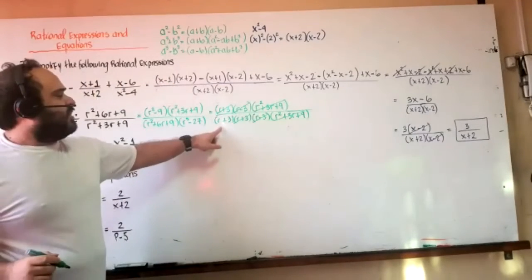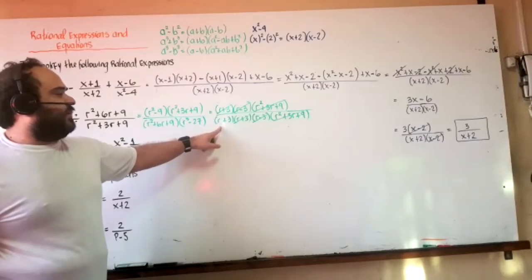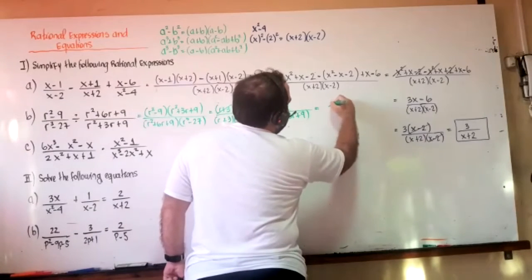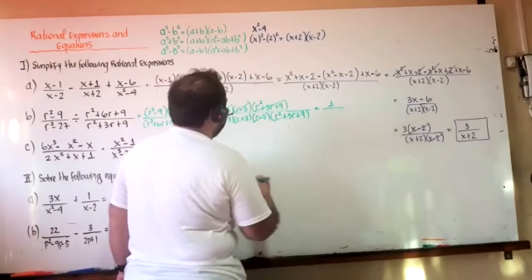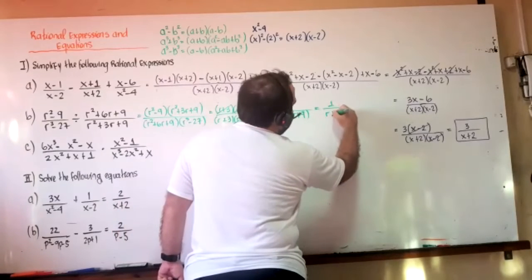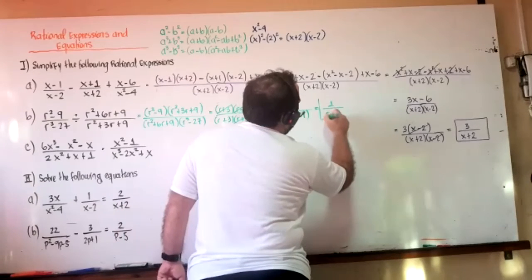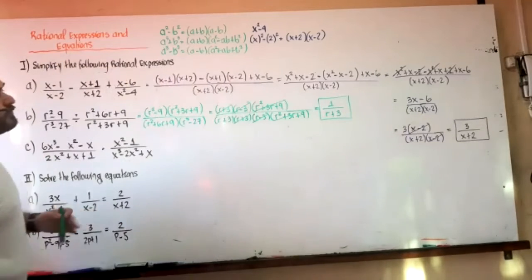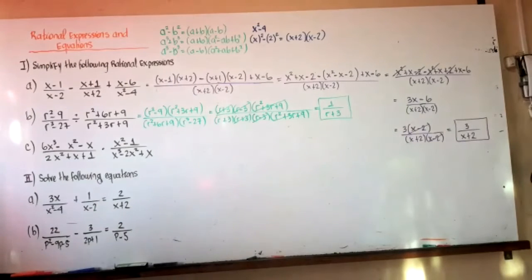The survivor will be the denominator r plus 3, and in the numerator we get an imaginary number 1. So the answer will be 1 over r plus 3. This is going to be the solution set in the second problem. Okay? Questions on this one?